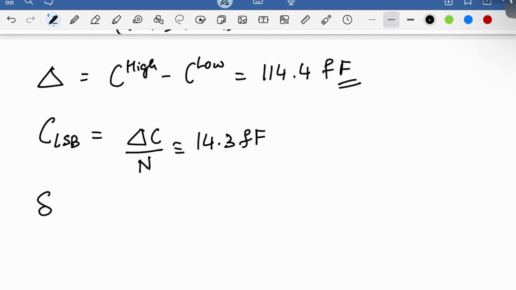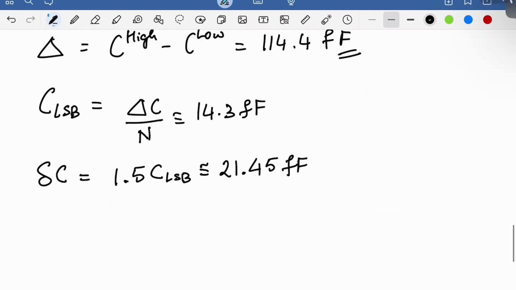Then the next is the delta C, which is the fine tuning. How much do we want to tune the fine tuning knob? And we want it to be around 1.5 CLSB. I'll explain why that is. So this is again a heuristic kind of value. You can be a little bit more precise in exactly designing this, but for now I'm just doing this heuristic approach. Right? So 21.45 femtofarad.